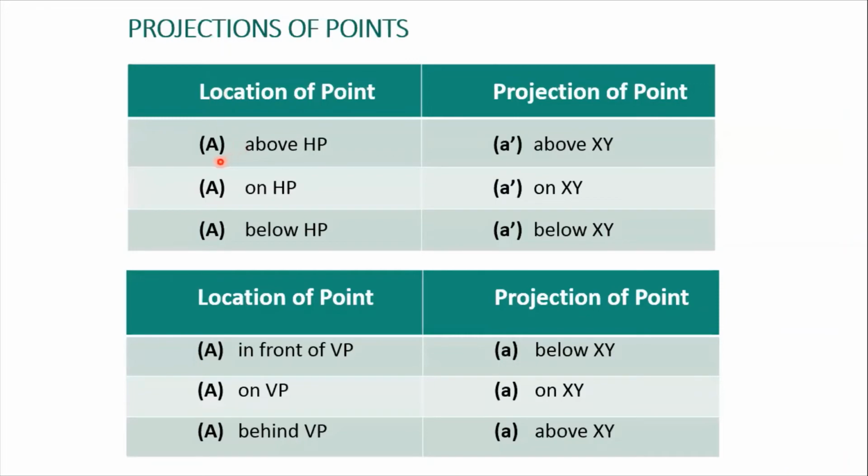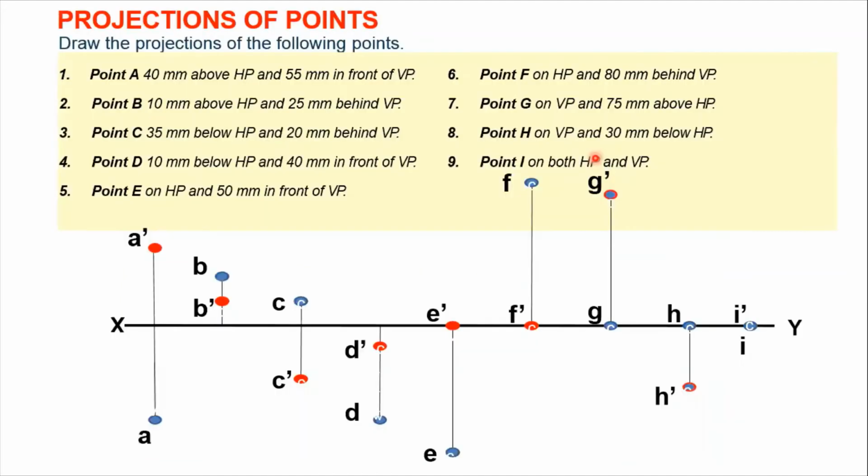So here it is said that above HP, so your point is above HP. So you will be having your answer A dash, which will be above your XY line. So let us move ahead. So 40 mm above HP, that means you will be plotting this point A dash above your XY line and it is by 40 mm. So you will plot this point from this XY line 40 mm above and this will be your point A dash. You will mark it by a dark point.